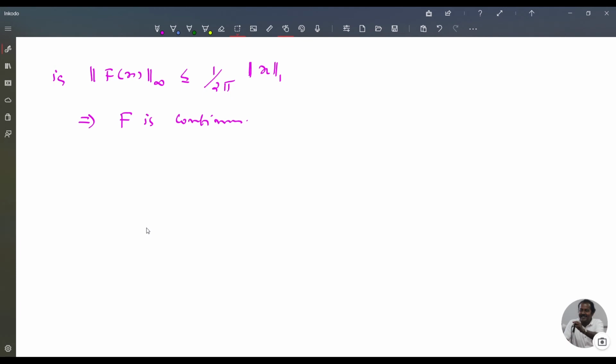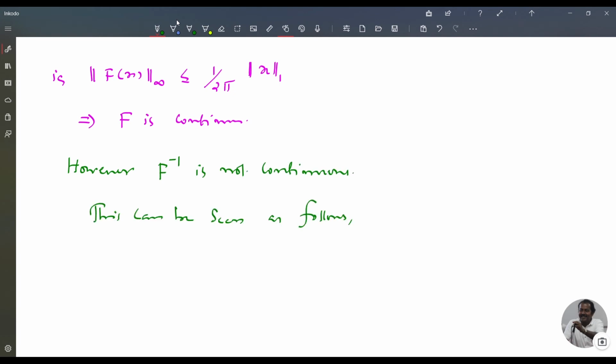So we have seen that f is continuous. Now we prove that f inverse is not continuous. However, f inverse is not continuous. This can be seen as follows.